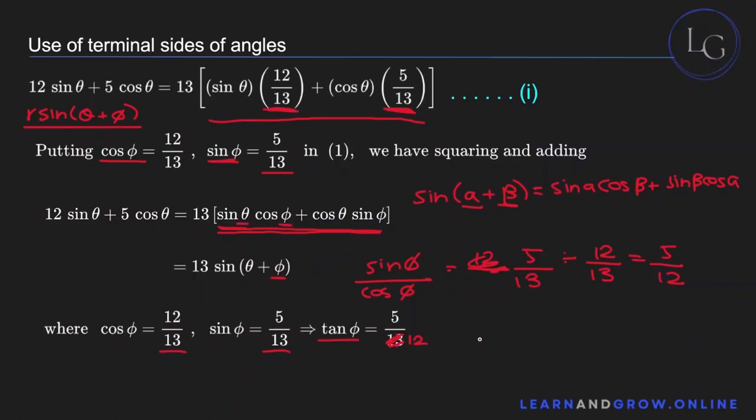So now phi is equal to tan inverse of 5 by 12, and once you find out this value of phi, just replace it into this phi over here, right? And then you have the true value of the function in the form r sine of theta plus phi.